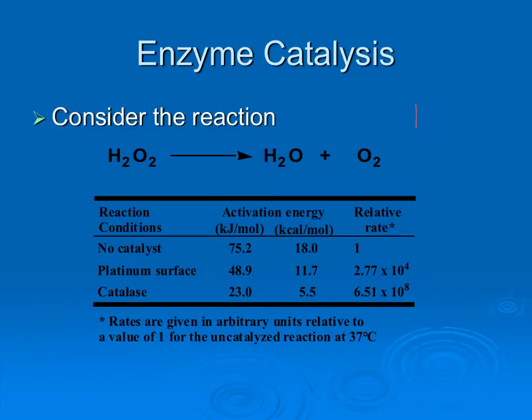Oops, let me go back. Because they got big numbers, they take the rate when it's uncatalyzed, and they divide it by the rate constant whenever it was catalyzed, and that's where they got this relative rate. They say arbitrary units and blah, blah, blah. That just means that before it was slow, you divide it by, now it's much faster, and you're going to get a big number. That's all that they mean right there.